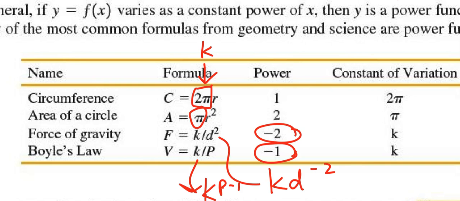Boyle's law, typically we would see it written as K divided by P. They just chose to write it horizontally, maybe to save space, because they're cheap. I don't know. Not sure on that one.